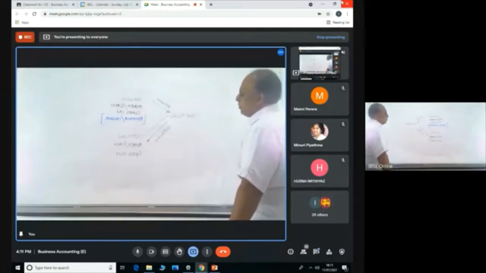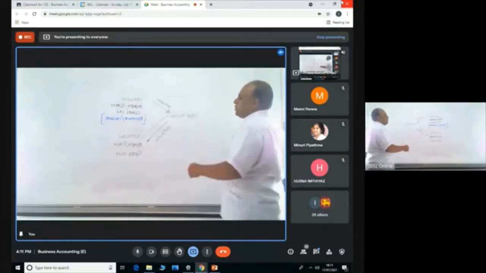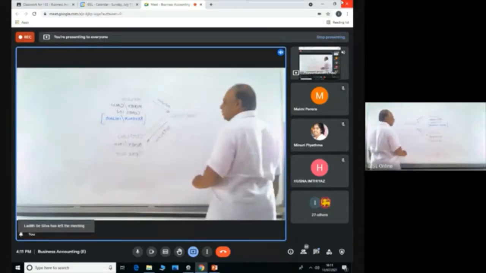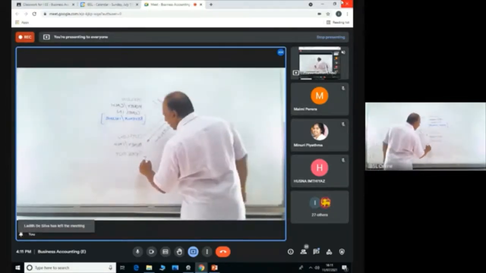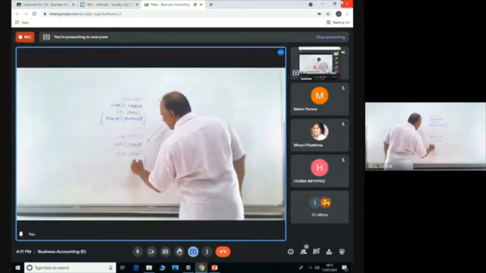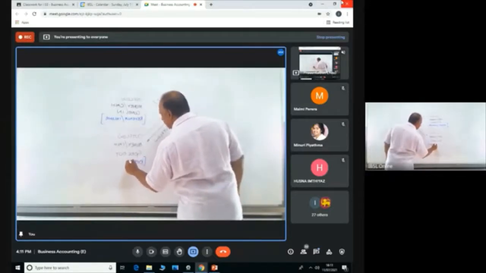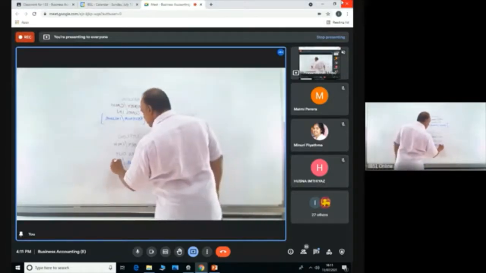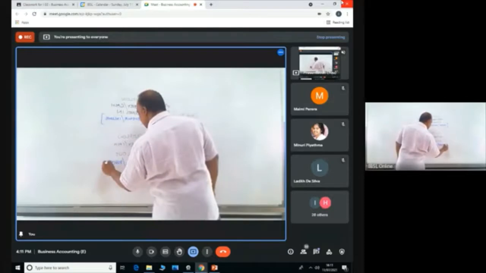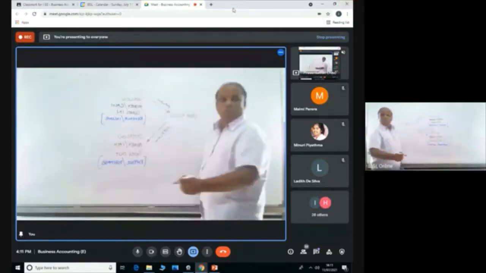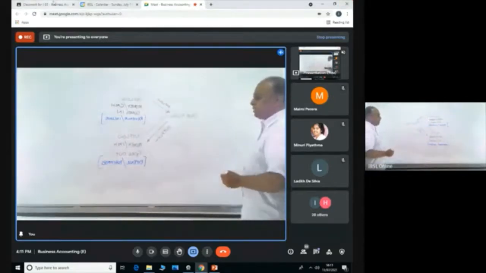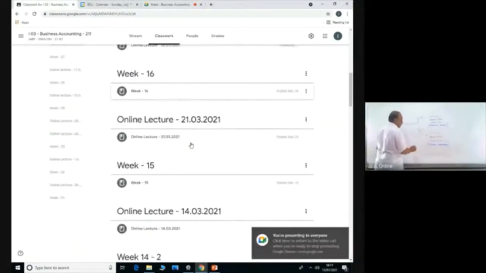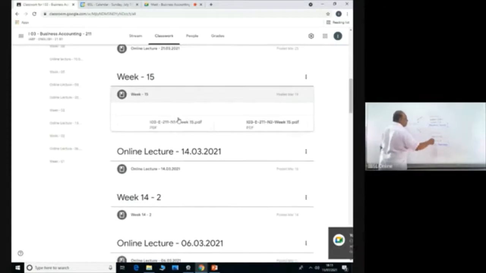On the other hand, what is going to make cash go out is where you incur expenditure or purchases. So either you can incur an expense or you can do a purchase.